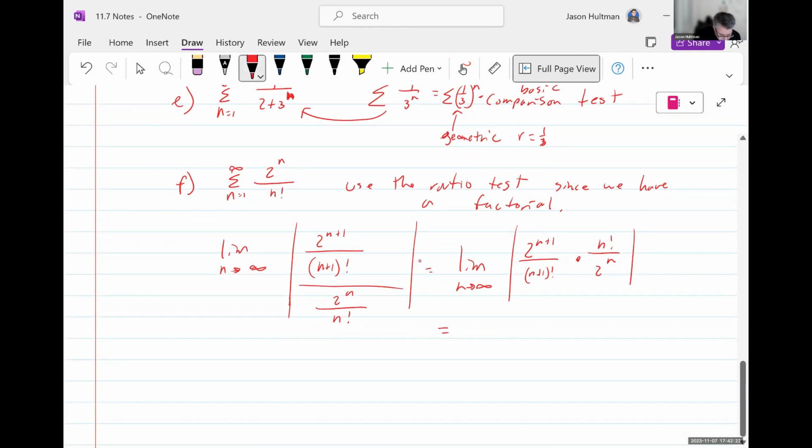This is equal to 2 to the n plus 1 over 2 to the n, which just leaves me with 2.